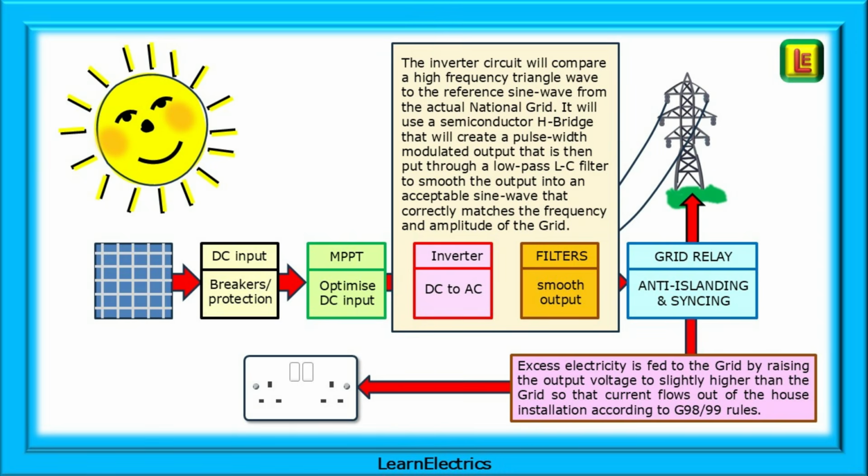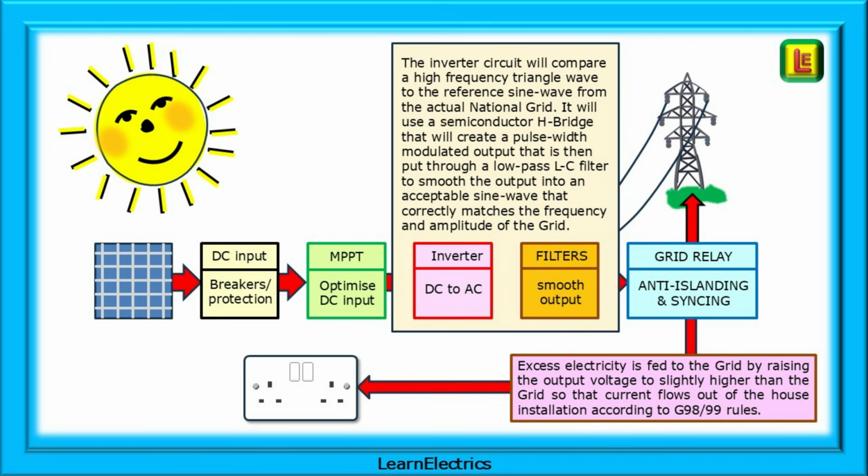And that is a very brief and simple explanation of how an inverter works, in the case of a solar panel PV inverter that can pass current to the national grid. The inverter circuit will compare a high-frequency triangle wave to the reference sine wave sampled from the actual national grid.